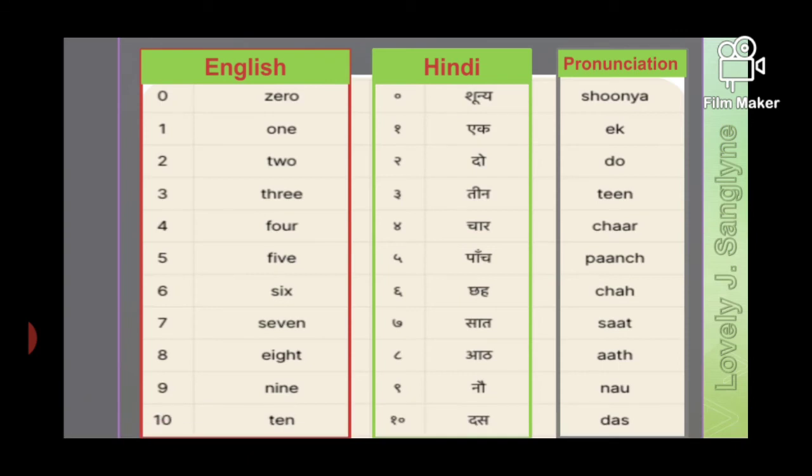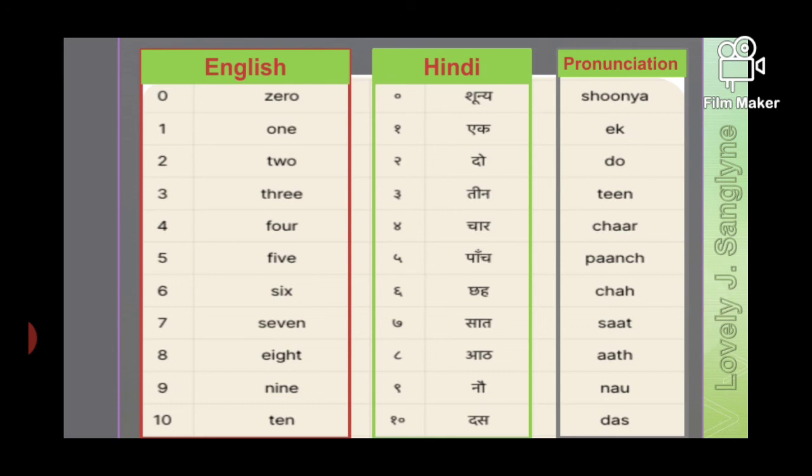So now that you have learned from 0 to 10 in Hindi, let us read together only in Hindi from 0 till 10. So let us start. शून्य, एक, दो, तीन, चार, पाँच, छः, सात, आठ, 9, 10.